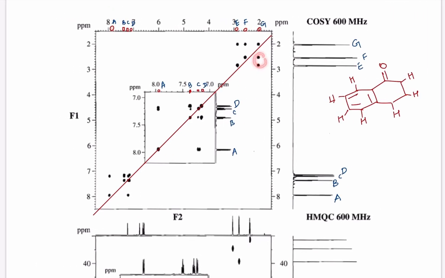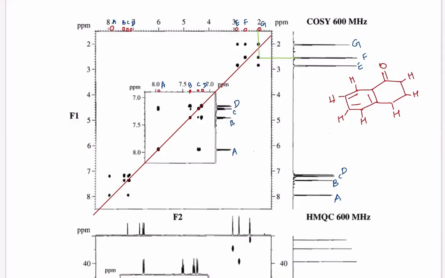Okay, so now what we are going to do is find all these cross peaks. So there are totally 1, 2, 3, 4, 5, 6 cross peaks, and we wanted to find out what kind of correlation exists between the different hydrogens. Okay, so for that we are going to draw the perpendicular lines.